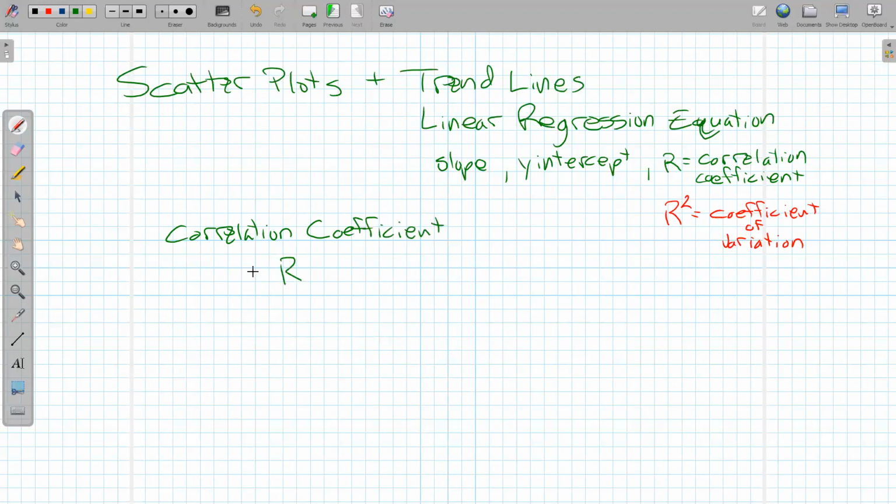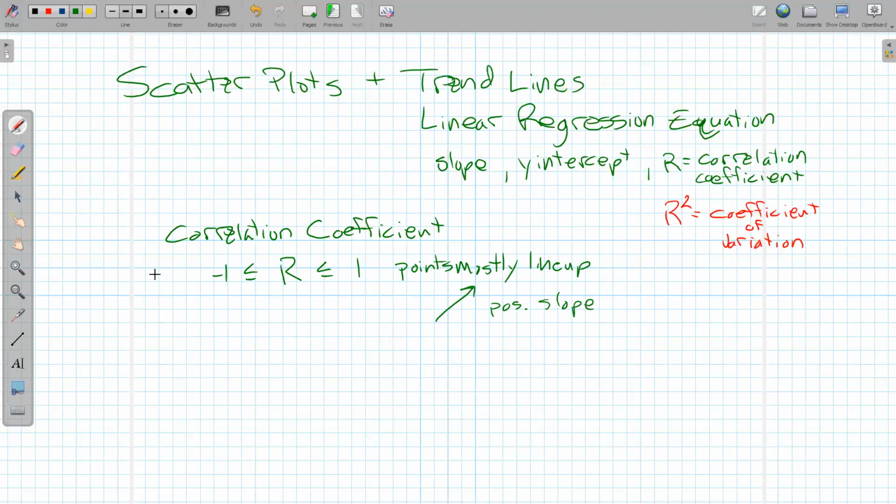The number r is going to be between -1, it could be -1, and 1, it could be 1. The closer to 1 or -1 means the points line up. So if I have an r that's close to 1, that means the points mostly line up, and they're going uphill, so I have a positive slope.